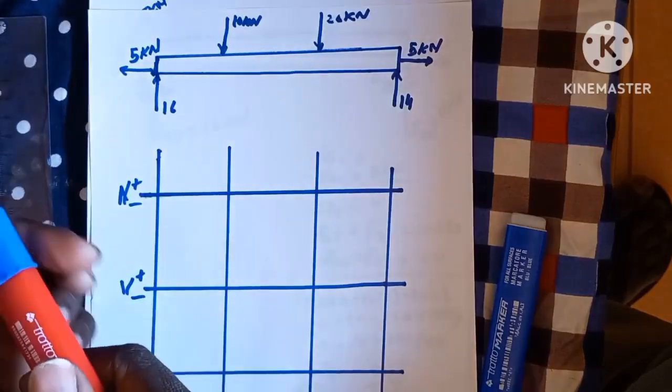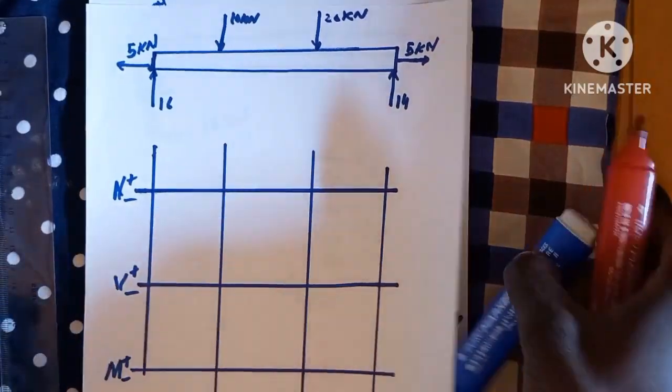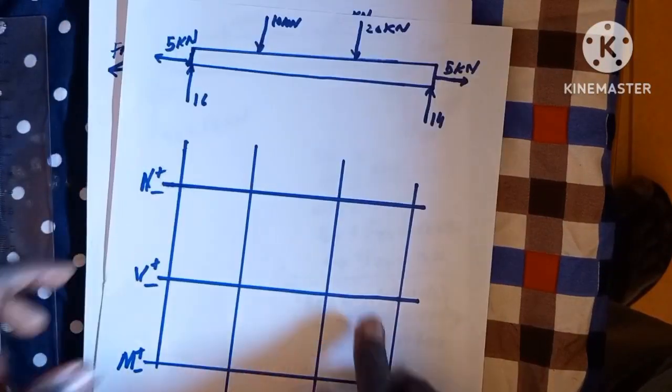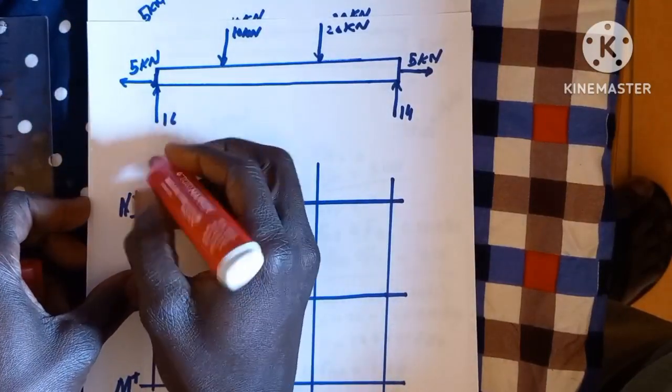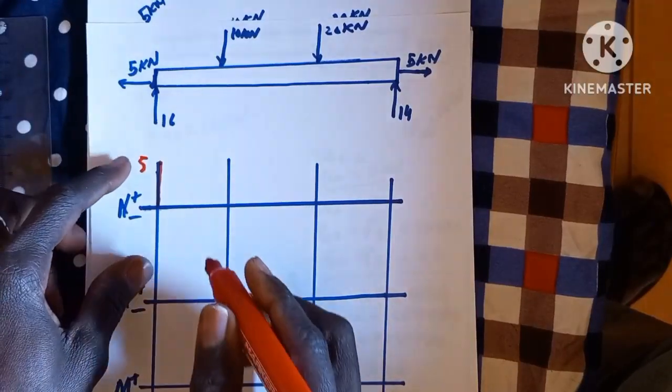And this is positive. So for positive here, we have positive 5 kilonewton. It goes up to 5 kilonewton.